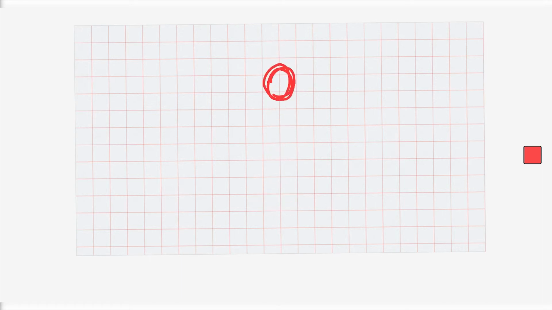And now you should have something that looks like this. This is super rough, this is all scribbles. Now we can go back in and clean it up a little bit more.